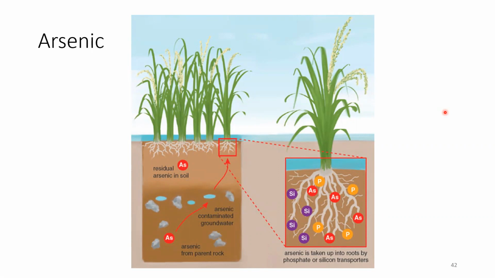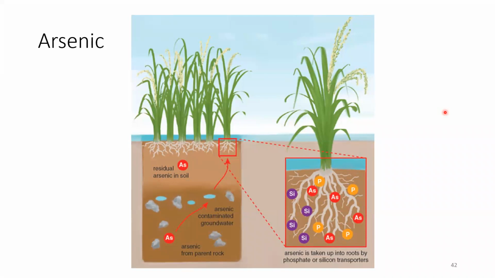And in that condition, the conditions become anaerobic. And so any arsenic that's there is going to be reduced because it's anaerobic, and the reduced form is that 3+ oxidation state. So it's going to be in the toxic form.